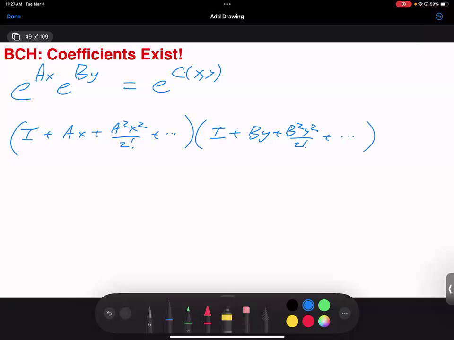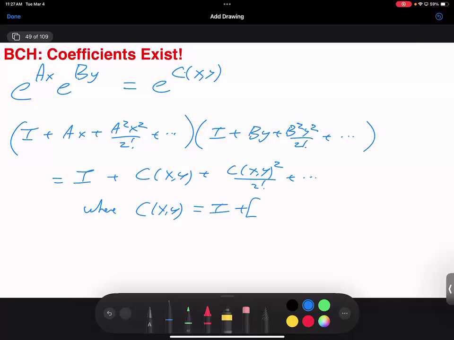And then on the other side, it's the nightmare: I plus c of xy plus c of xy squared over 2 factorial plus dot dot dot, where c of xy we were trying to figure out the best way to write. Write it maybe as I plus some matrices: something in x plus something in y plus something x squared plus something xy plus something y squared.